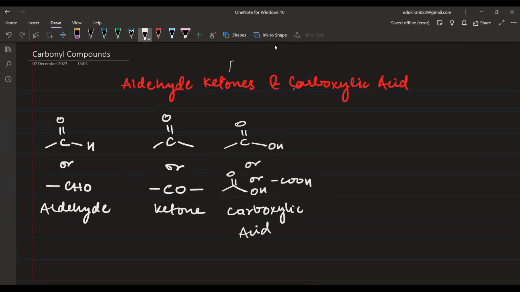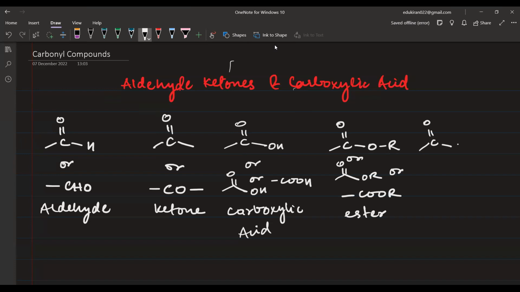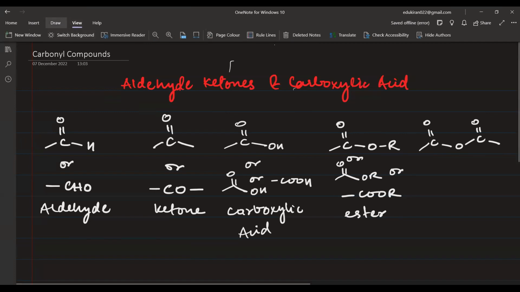Then you can also find esters here, C double bond O, and the next oxygen atom, single bonded to carbon, is connected to an alkyl group R. This is ester. Then you can also find anhydrides, C double bond O, O, C double bond O, and then you have another carbon group like this.